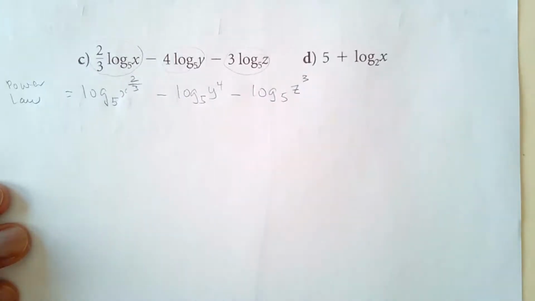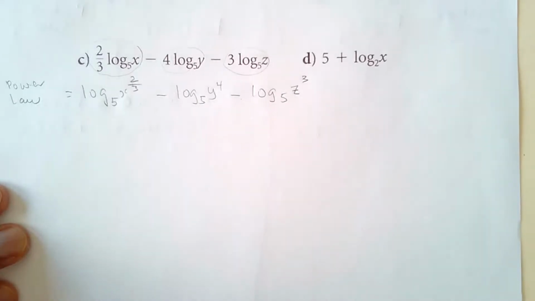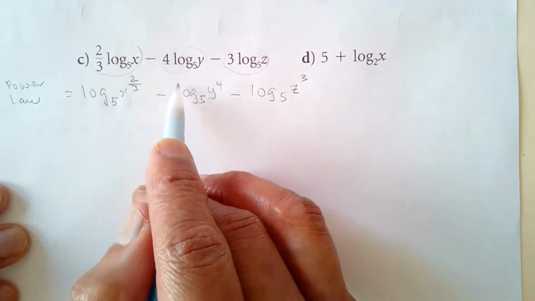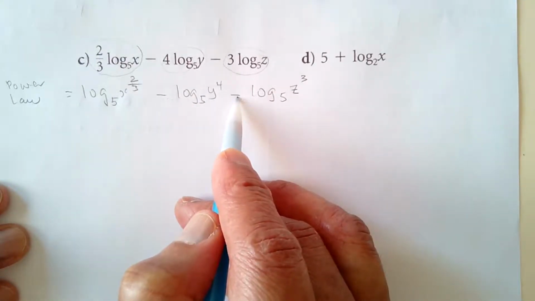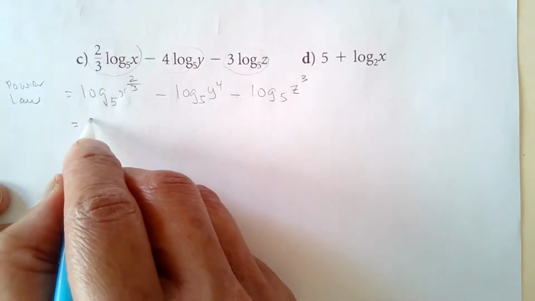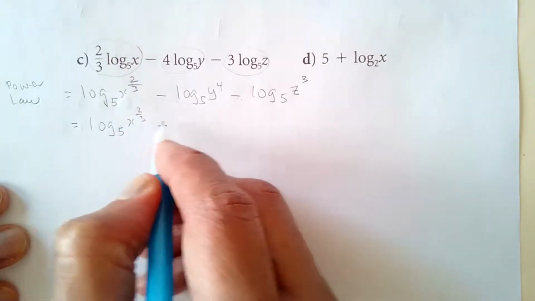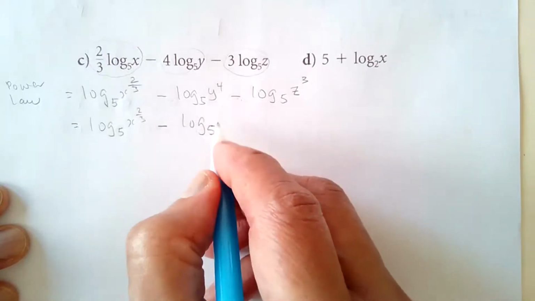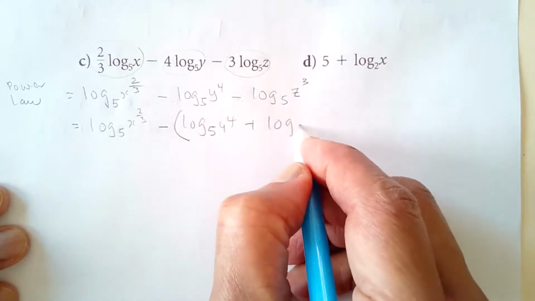Now this is where you have to be careful, because you have a minus and a minus. We want to make this into a plus right away. So if you put a minus here and put a bracket around this, it becomes plus. Okay, so we have log 5x to the 2/3 plus log.